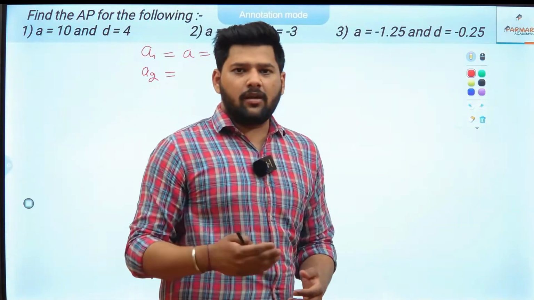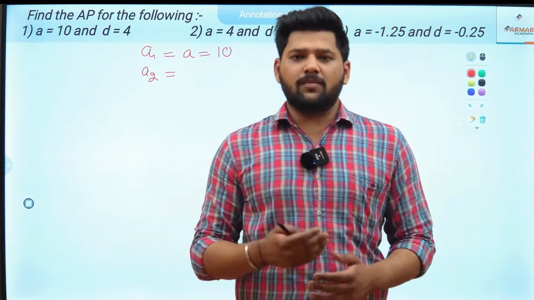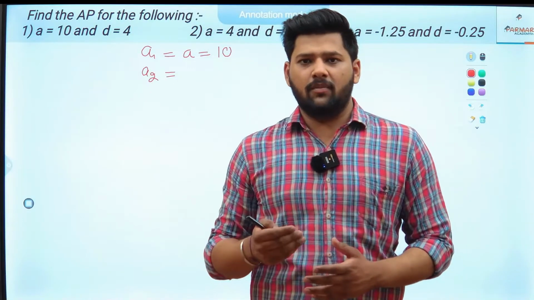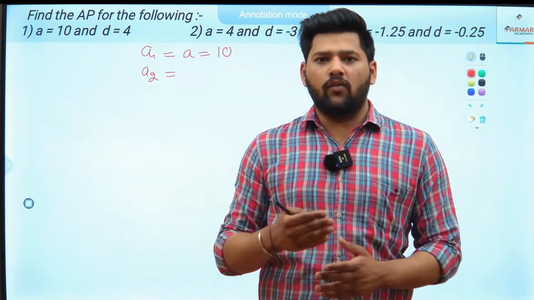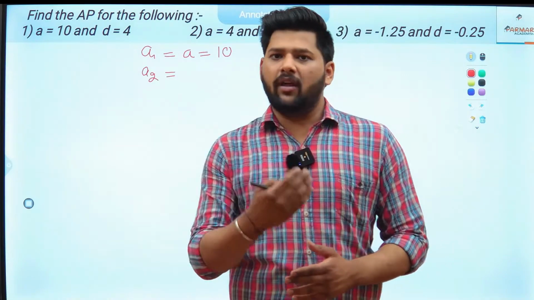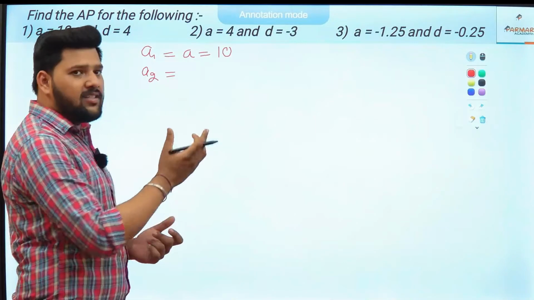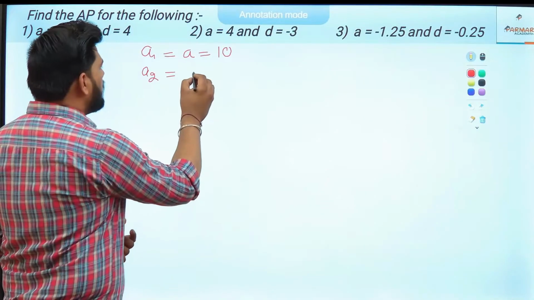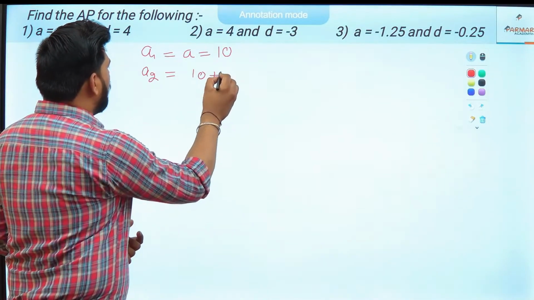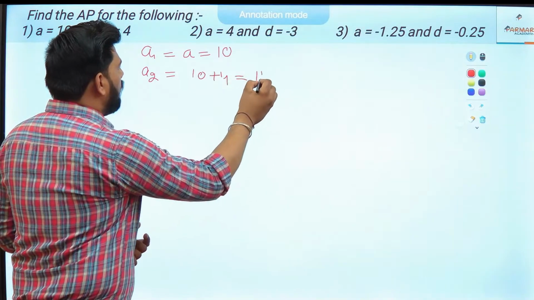The special thing about the AP is the difference between the continuous terms is the same. So to find the next term, we always add the difference to the previous term. So to find the second term, we will add D, that is the difference, to the first term. That is 10 plus 4 is equal to 14.